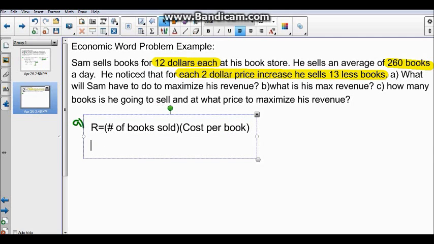We're going to let x represent the number of price increases. And now we're going to write our formula for revenue.